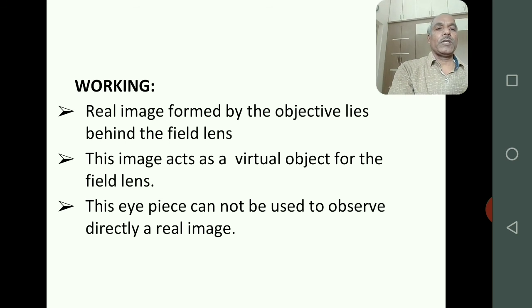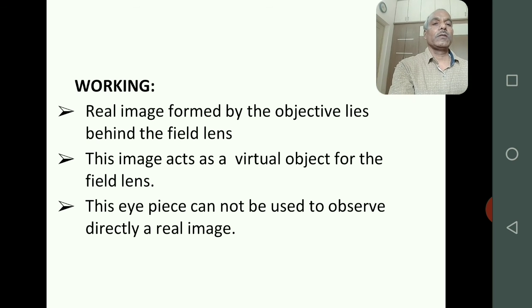In this eyepiece, the real image formed by the objective lies behind the field lens, and this image acts as a virtual object for the field lens.